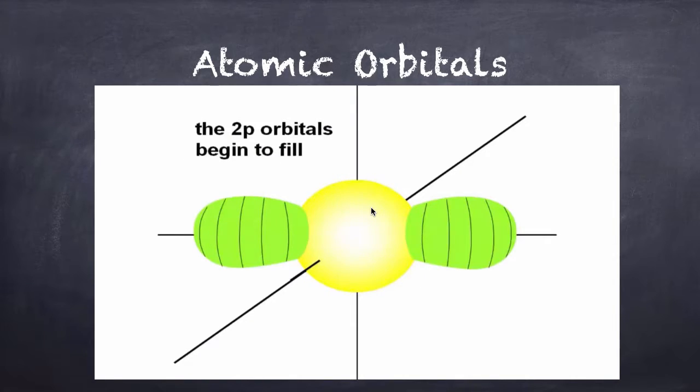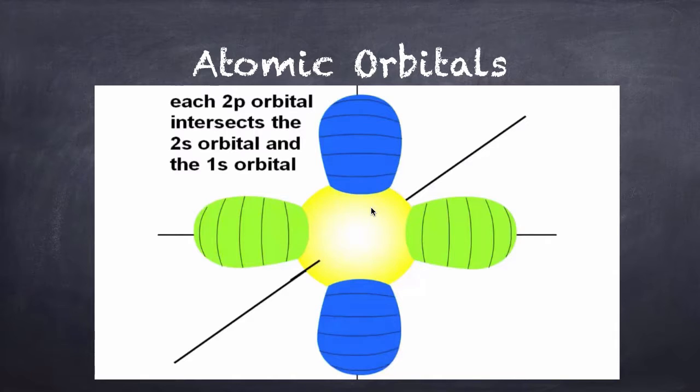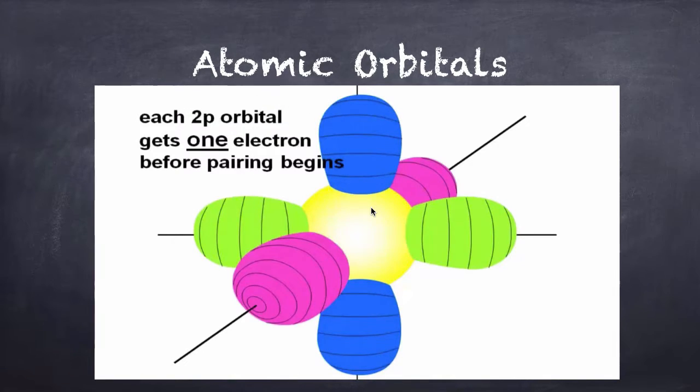But now, once 2s is filled, we start to fill 2p. Again, the 2s, the 1s, they're still in existence, so therefore the p orbitals actually overlap with the 1s and 2s orbitals. So here's one of the 2p orbitals. Once another electron would come and fill this 2p orbital, another electron would come and fill this 2p orbital.